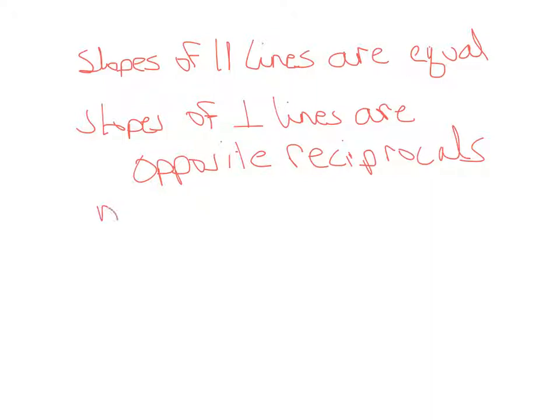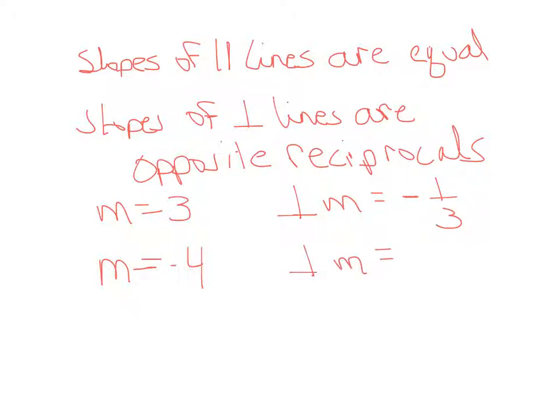So if I have a slope of 3, the perpendicular slope would be negative 1/3. Opposite, it becomes negative, and reciprocal means I flip it. If I had a slope of negative 4, the perpendicular slope would be 1/4.